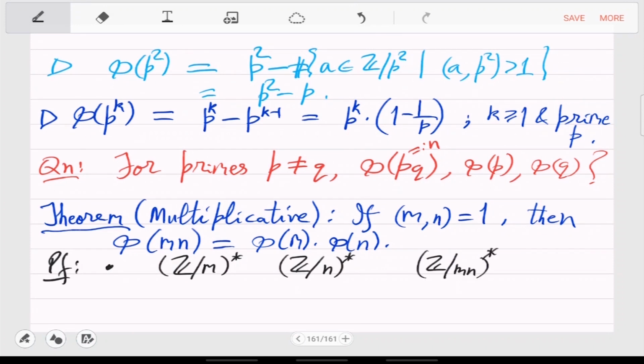The 3 relevant sets that we want to understand are Z_m star, Z_n star and Z_mn star. These are the 3 sets, and what we want to show is that the size of the third one is the product of the sizes of the other two. Like the cardinality multiplies in this way.